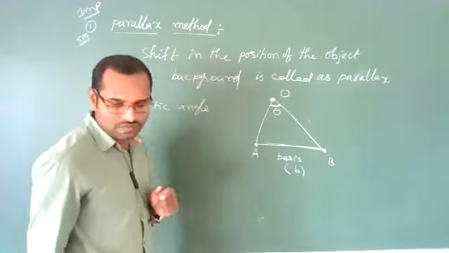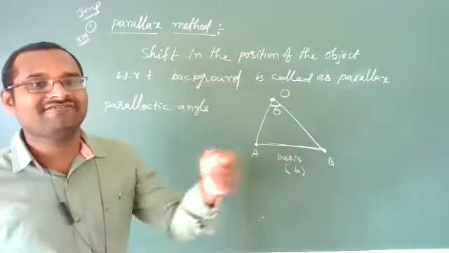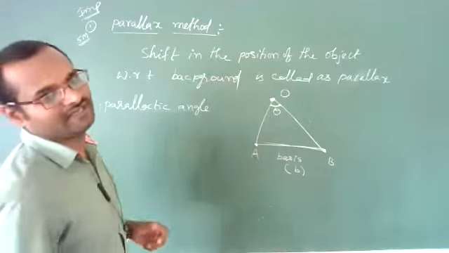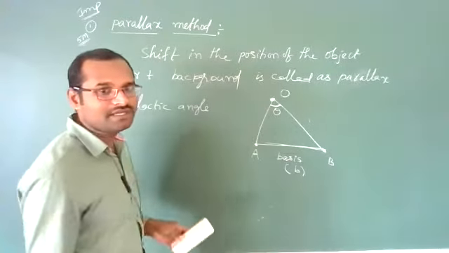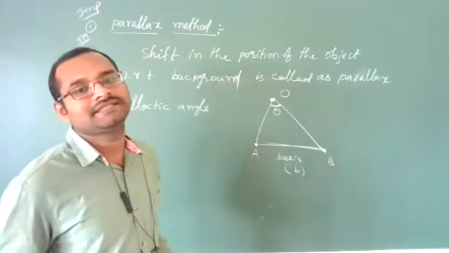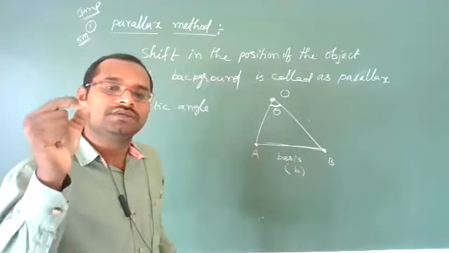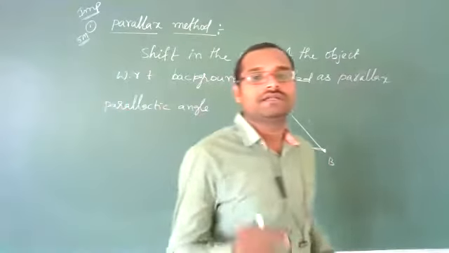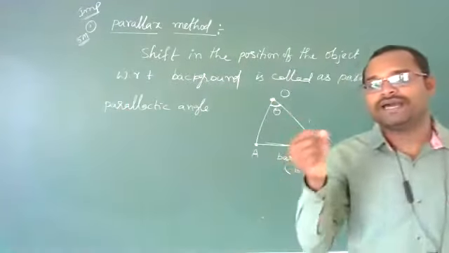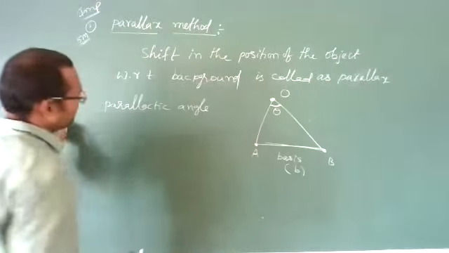So now, let us use this method to find the distance of a planet or moon from the earth. This is an important question. What is the parallax method? Explain the parallax method to find the distance of a moon or planet. They will ask you.